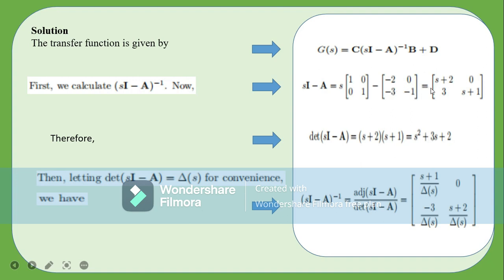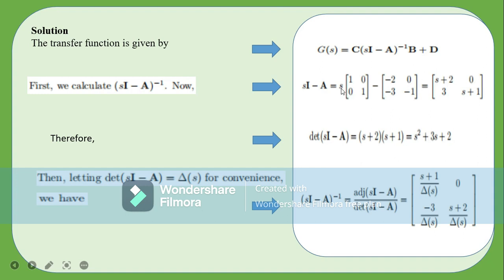So at the end of the day, this is going to be equal to, when you have 1 minus 2, it's not just 1, mind you that you're going to be having s times 1. So this place now is s, and s minus minus 2 will give you s plus 2, and s times 0 minus 0 will give you 0.